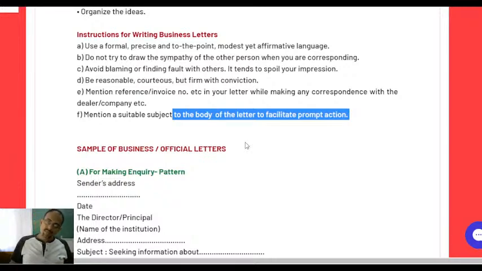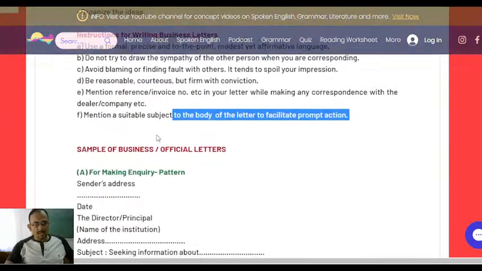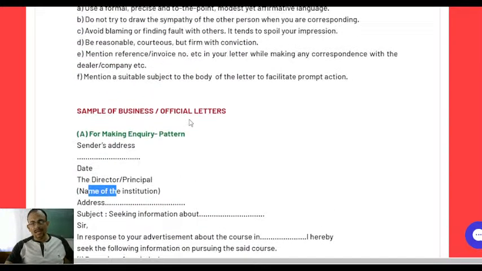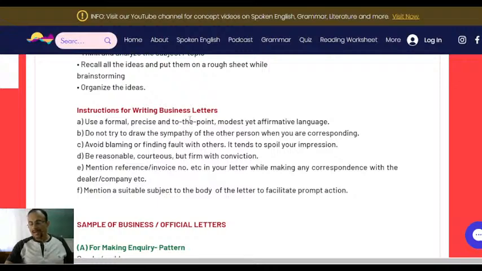Of course, in mail you don't need to be very formal in terms of format, because in mails we do not write the sender's address and receiver's address, as these are already there in the mail, right? But the body of the draft remains pretty much the same. That is why if we learn how to write the physical letter, we shall also be able to write the draft for the mail as well.